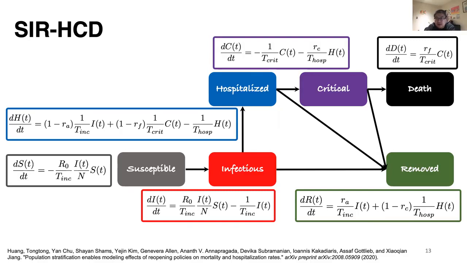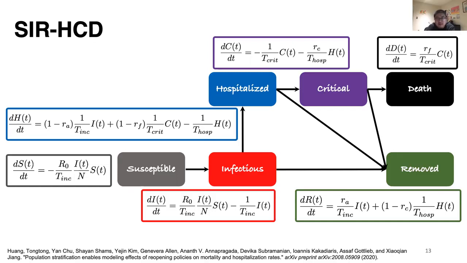In addition, RA refers to the asymptomatic rate in the infected population, I, and RC refers to the critical rate in the hospitalized population, H, and RF refers to the deceased rate in the critical population, C.